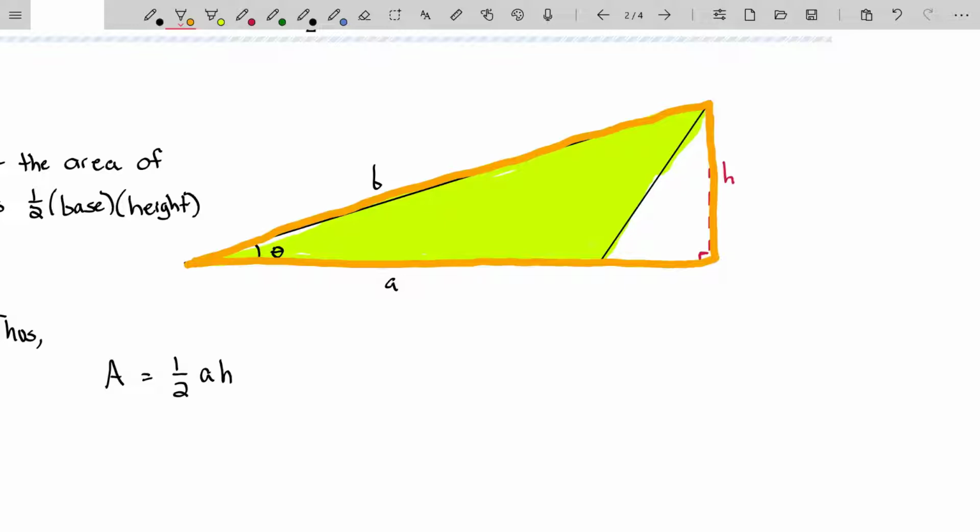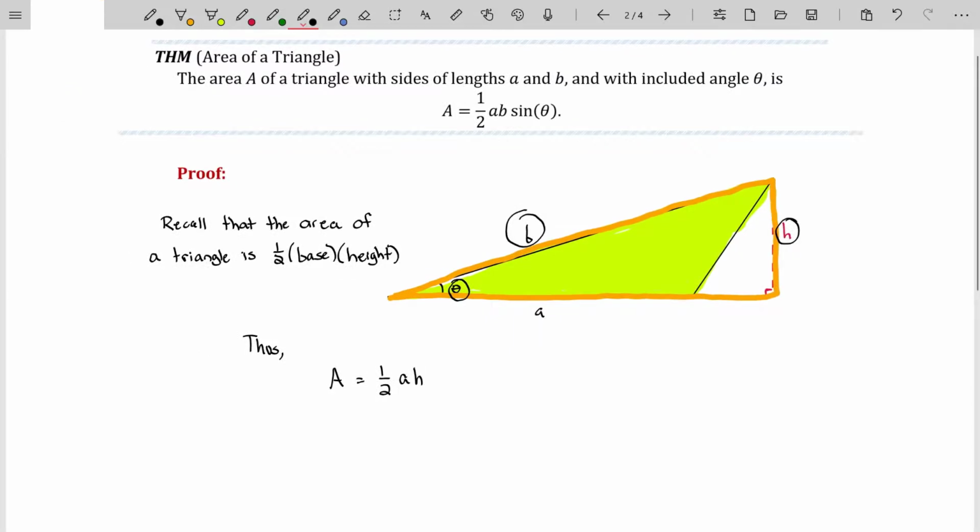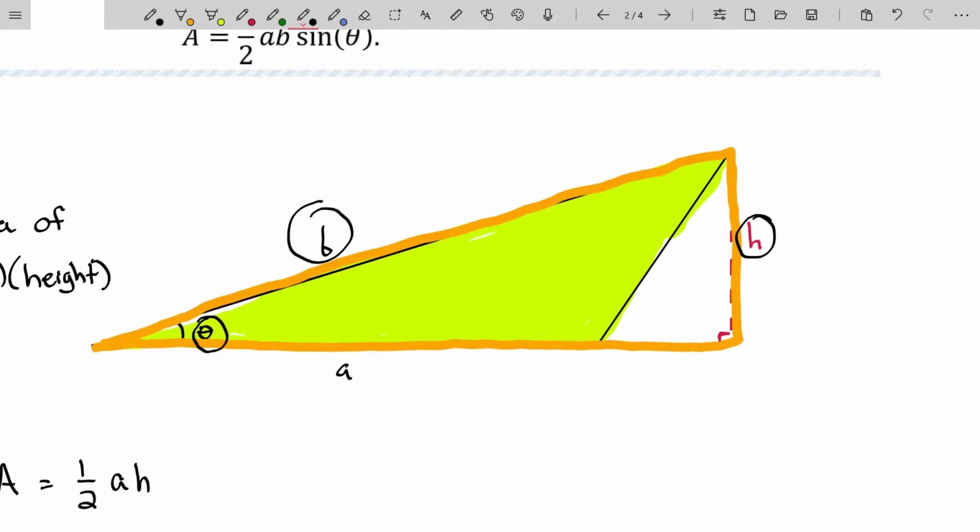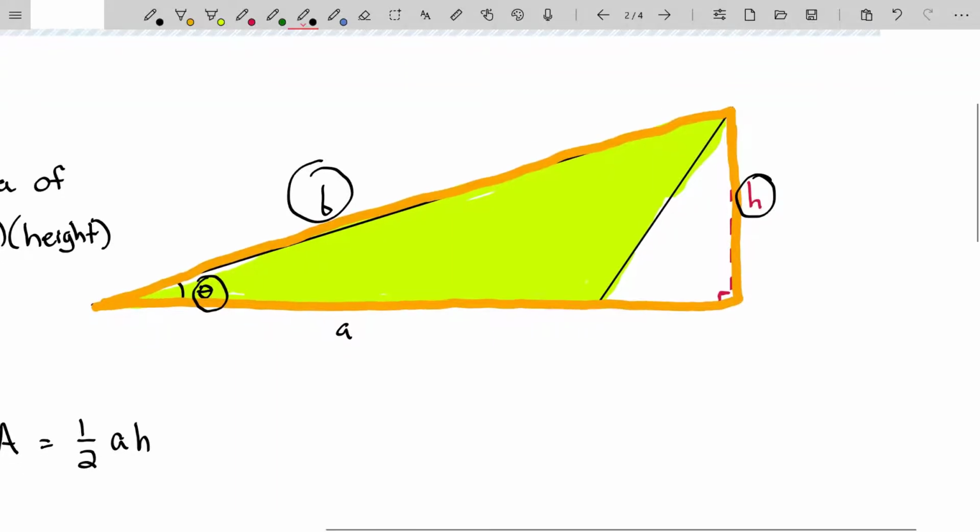And I would love a way to relate this angle theta to this height to this side B, because I'm trying to prove that the area is 1/2 A, which I have so far, times B sine of theta. So I'd like to get B into this. And if you think about that, that angle theta is related to H and B via the sine function.